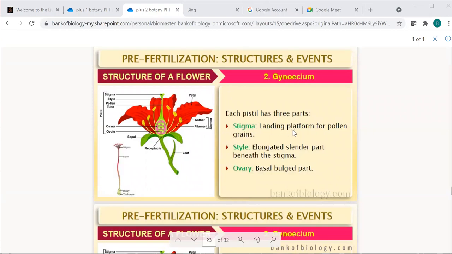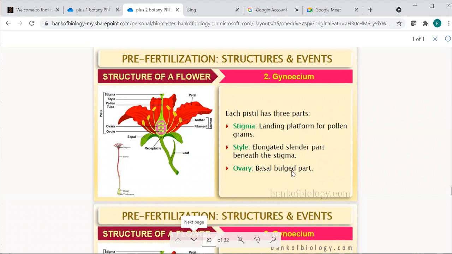So this is called a landing platform for pollen grains. Second is style, that is the elongated one. It is an elongated slender part beneath the stigma. Style is the one which connects stigma and ovary.